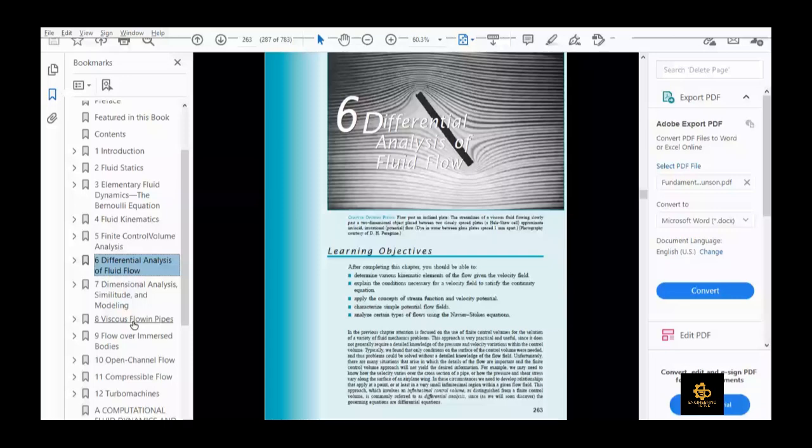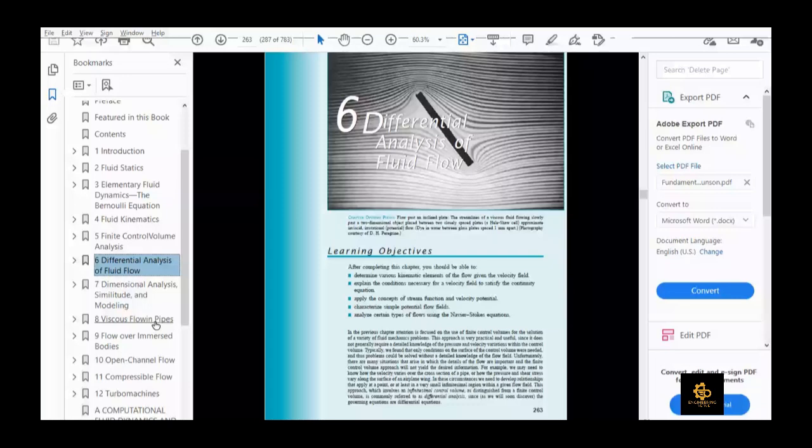All are examples of internal flows, which are bounded flows. So we have something like duct flow, pipe flow, anything which is bounded, right? That is an example of internal flow. In chapter number 8, we are going to discuss all the features of internal flow.